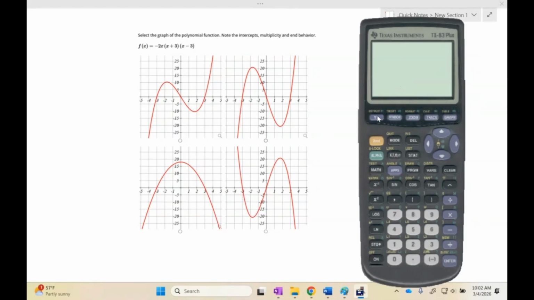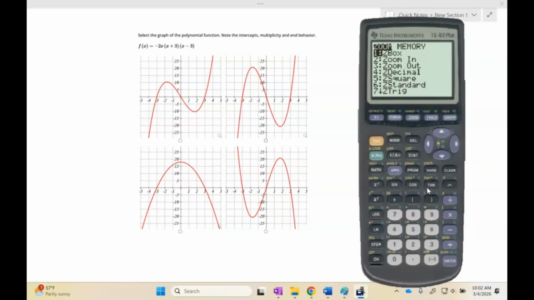All right. So I'm going to go on to y equals. I'm going to clear out that function and I'm going to put it in exactly as I see it. Negative 2x. Okay, the parentheses mean multiplication. The calculator understands that x minus 3.